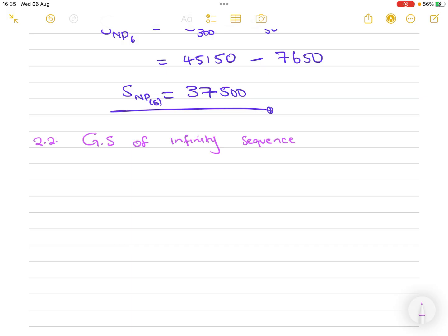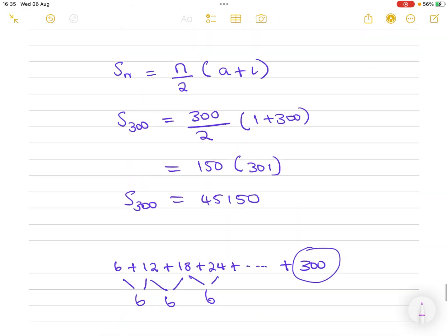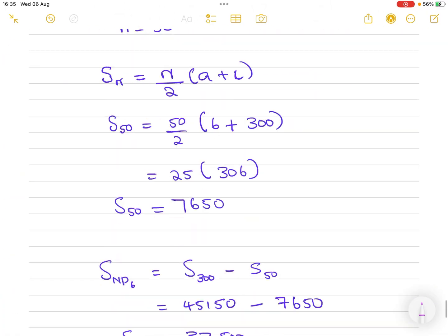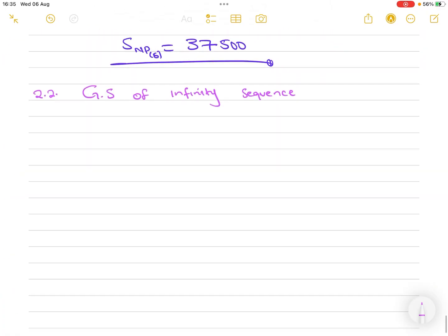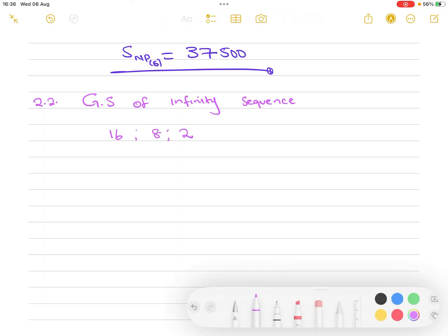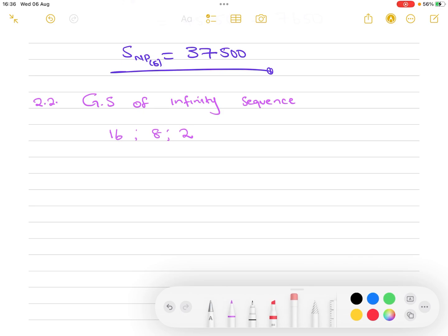So I'm given what? The first three terms of which is what? Is it not 18? Yeah, it's 16. So these are the terms here. I have 16, I have 8, and I have what? I have 4.